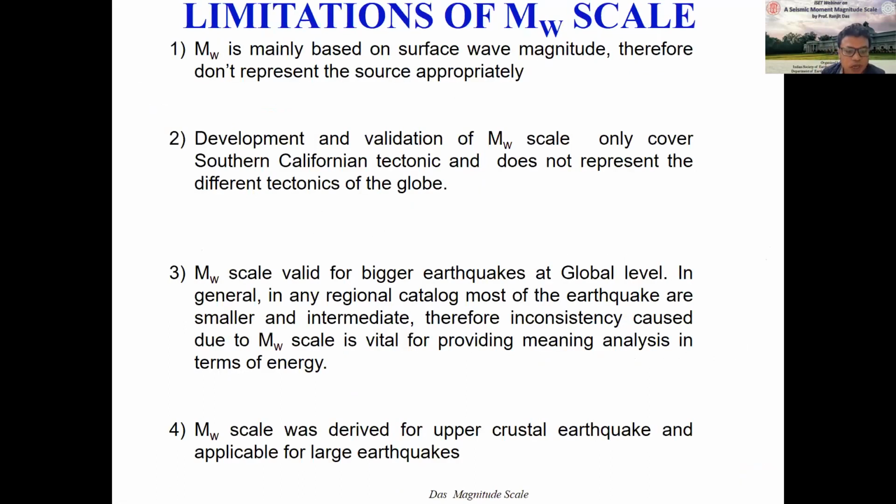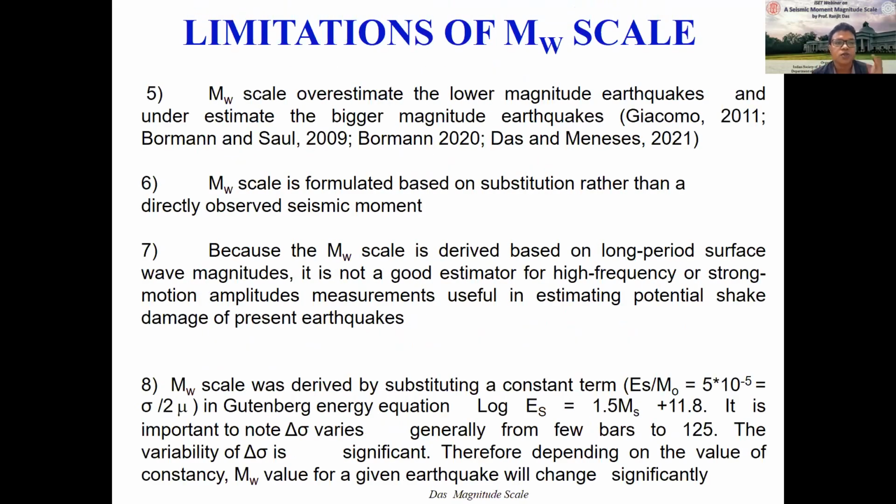So, for shallow earthquakes, since it is based on surface waves, it is only valid for shallow earthquakes, not applicable for the entire crust, and applicable for large earthquakes. So the MW scale overestimates the lower earthquake magnitudes and underestimates the bigger earthquake magnitudes, which is reported by many other people. We also explain this in our different publications.